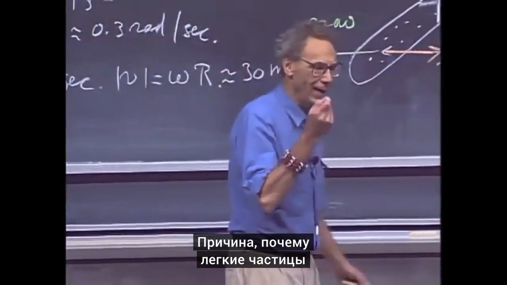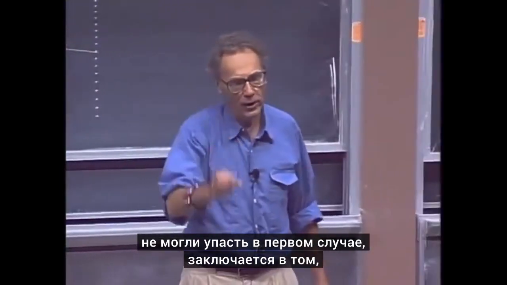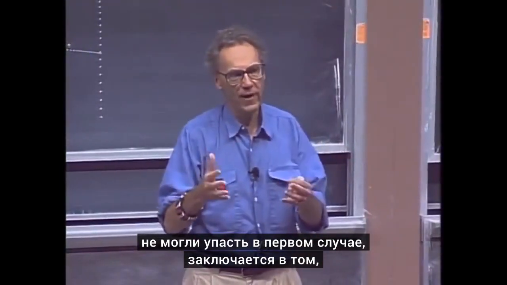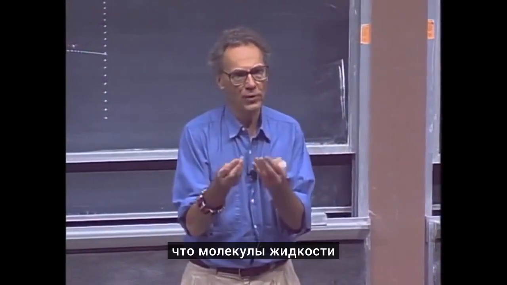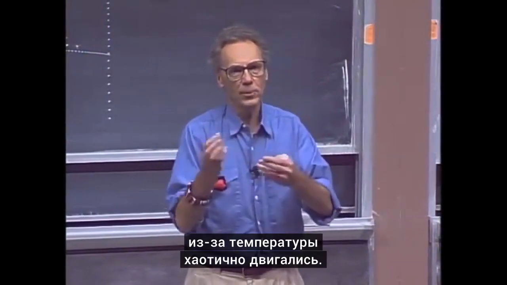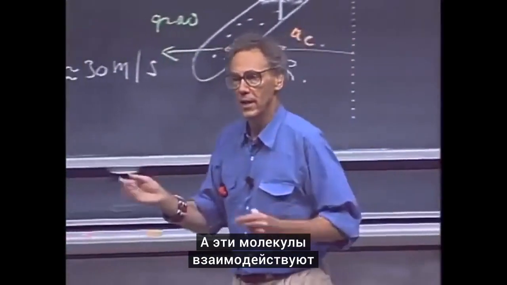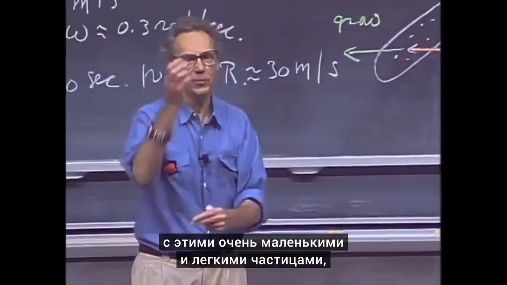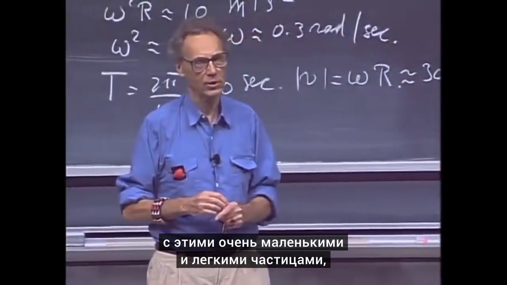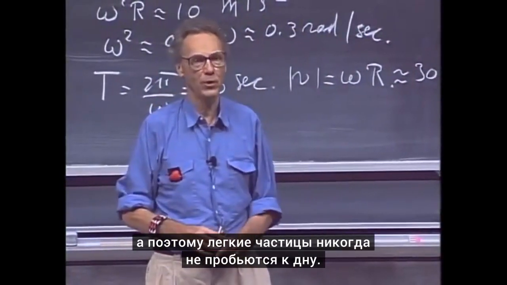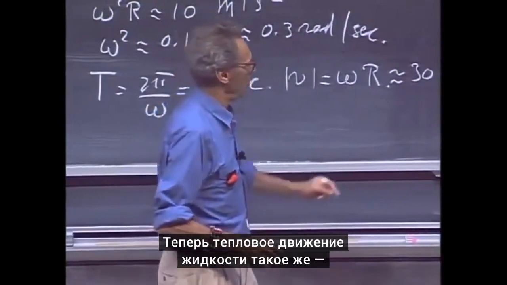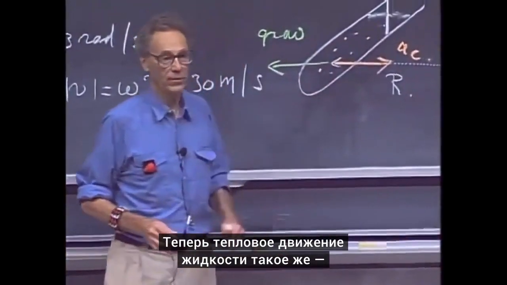The reason why the light particles couldn't fall in the first place has to do with the fact that the molecules of the liquid, due to their temperature, have a chaotic motion. We call that a thermal agitation. And these molecules would interact with these very small and light particles. And so the light particles would never make it to the bottom. The thermal agitation of the liquid is now the same.